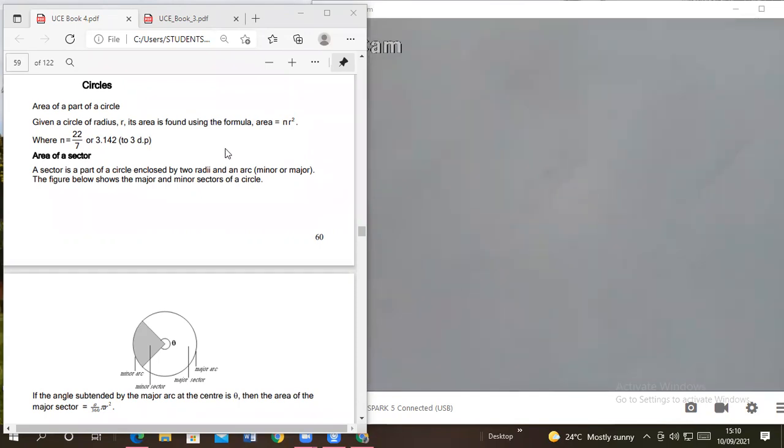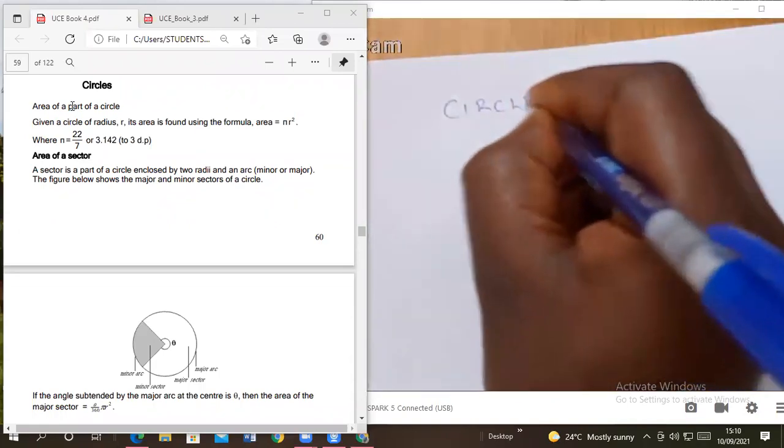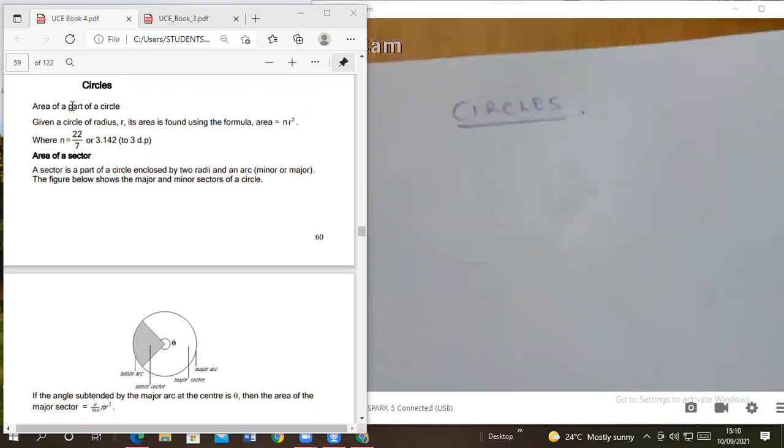Okay. So they are saying that what are circles? A circle has area. Area of part of a circle. So we are going to see a sector. We are going to see a segment, a minor segment, a major segment, a minor arc, like that.